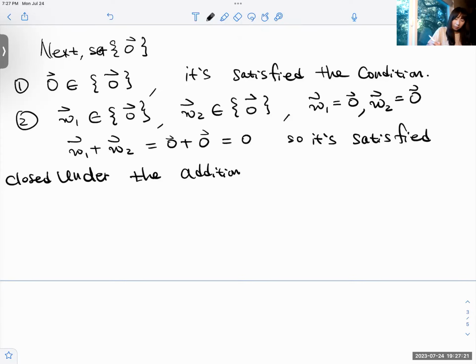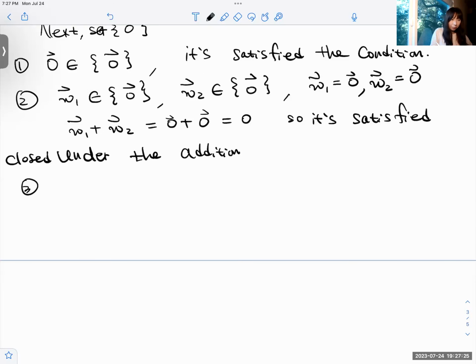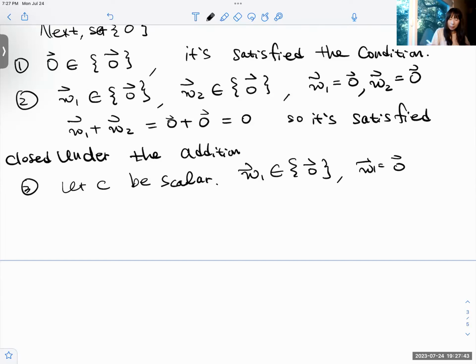Okay, number 3, scalar multiplication. So let's see the scalar. And W1 is in the 0 vector. That is, W1 equal to the 0 vector, right?